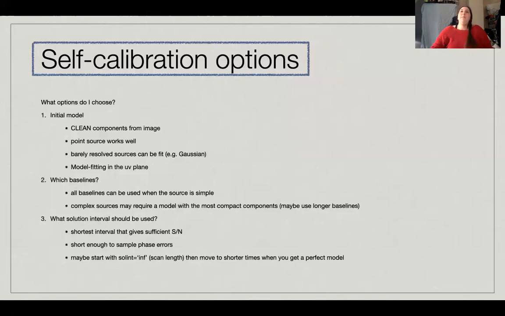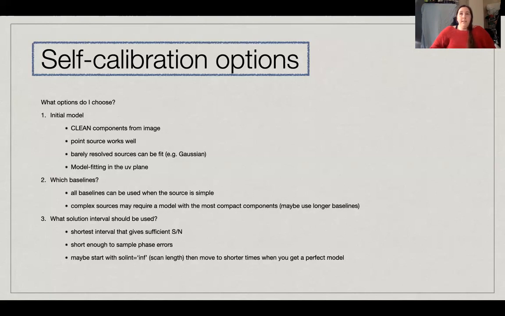So of course, there are many options to choose from that we have not even discussed. For the process we discussed throughout the lecture, we found solutions using the clean components in the image. You could also use a point source. You could fit a Gaussian to a slightly resolved source, or you could fit a model to the UV plane.